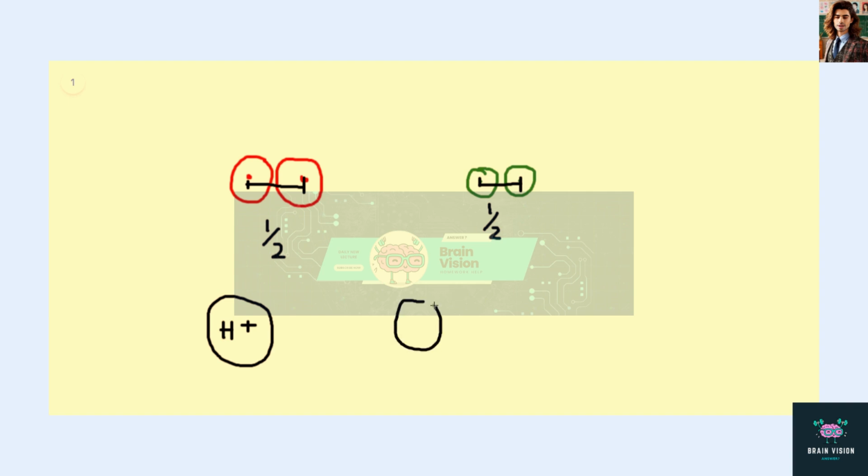Helium has two protons. In a neutral atom above, you will have one electron here on the first energy level. And then in the neutral atom of helium, you have two electrons on the first energy level.